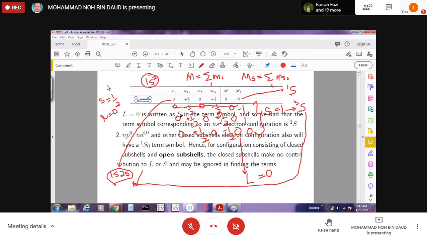So remove this one. And this cannot. And this one, they are the same, because these two electrons are indistinguishable. Either negative half here or positive half here.